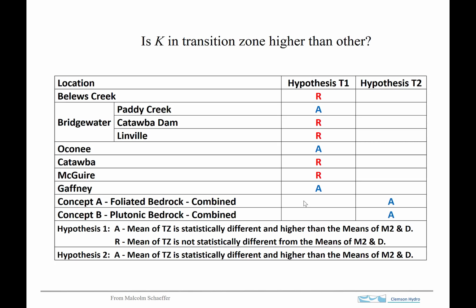So I think the take-home message is that the transition zone could be more permeable than the saprolite or the underlying rock, but maybe it's not. At least it can't be demonstrated to be in a statistical sense. So those are, I think, some good insights about the transition zone and whether it is indeed a more permeable zone than the overlying and underlying zones.